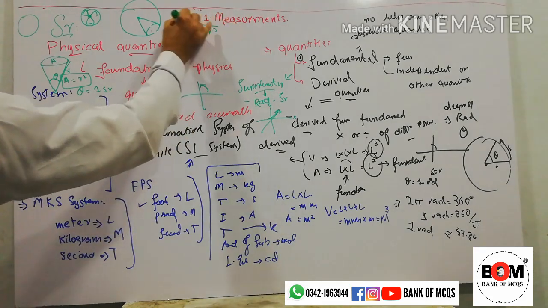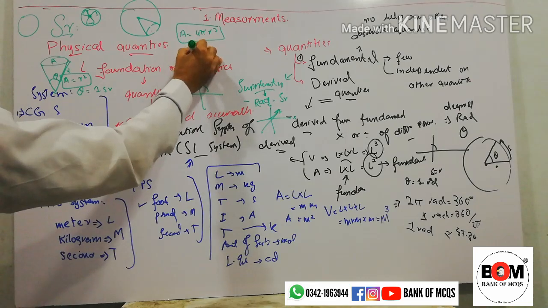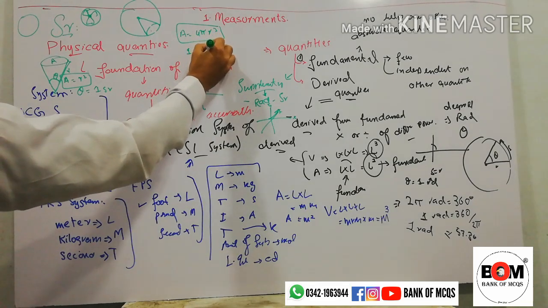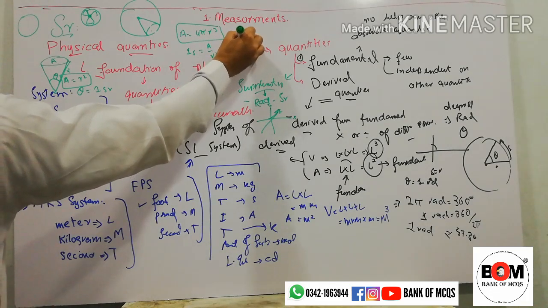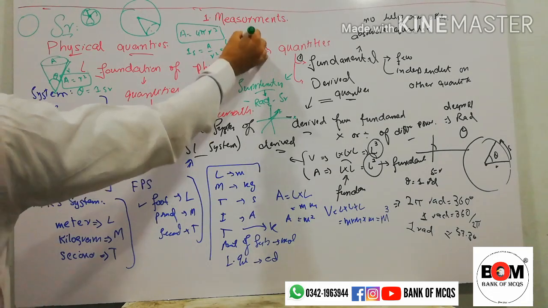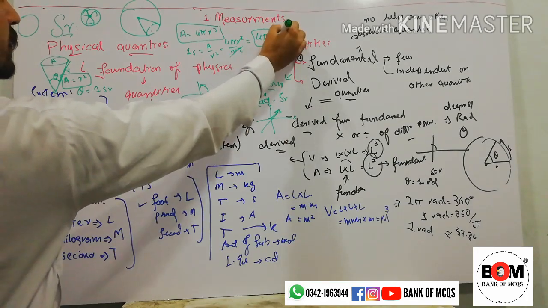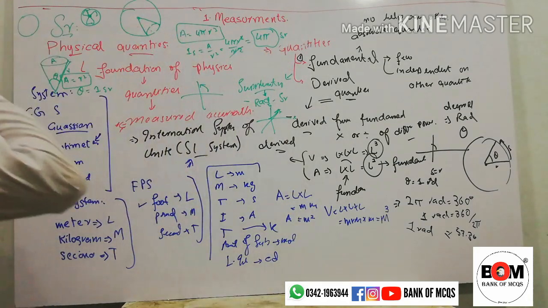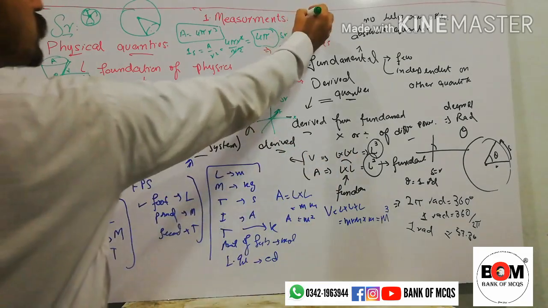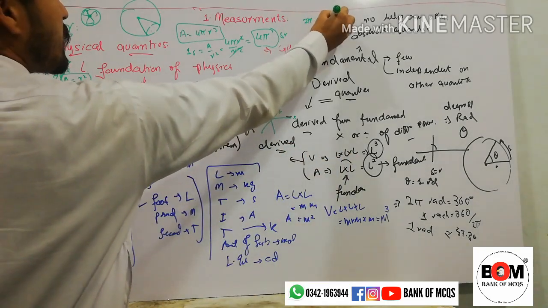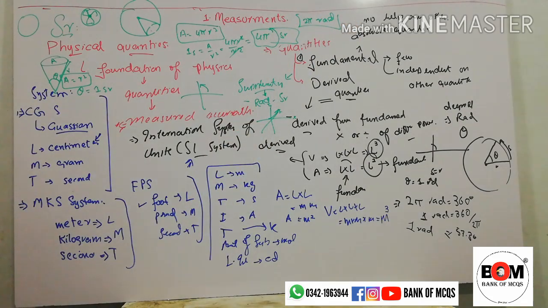So steradian is equal to area divided by r square, and here area is 4 pi r square divided by r square. So r square cancels, and we will get 4 pi SR. So in one sphere there are 4 pi steradian, while in a circle there are 2 pi radian.